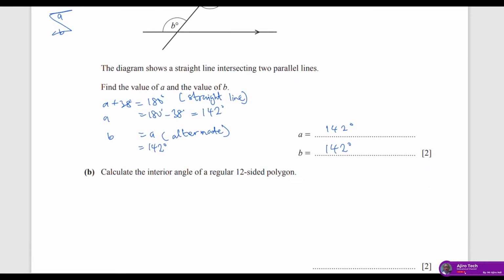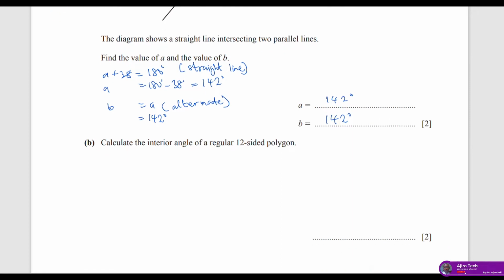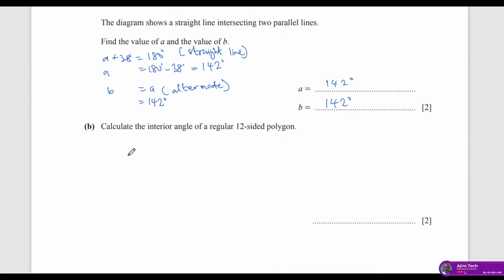Calculate the interior angle of a regular 12-sided polygon. To look for the interior angle, first of all look for the exterior angle. The exterior angle is always 360 degrees divided by the number of sides, which is 360 degrees divided by 12 sides, 30 degrees.